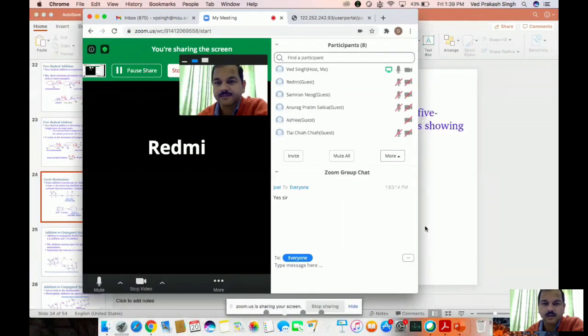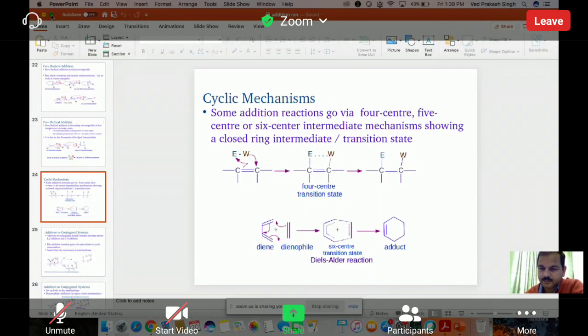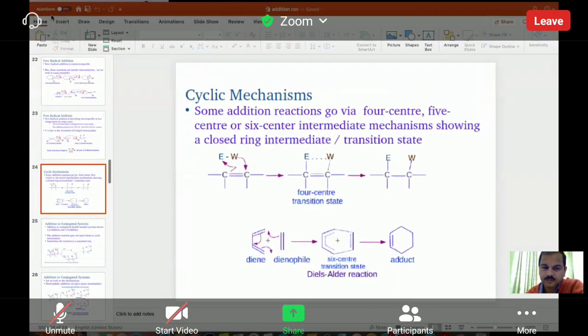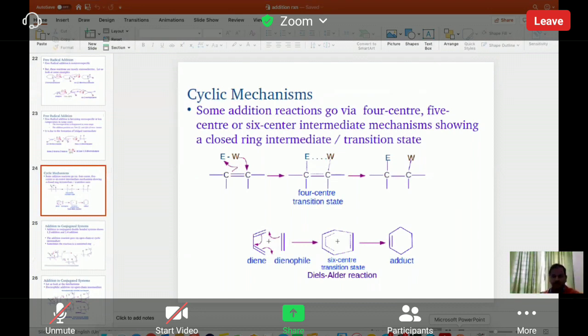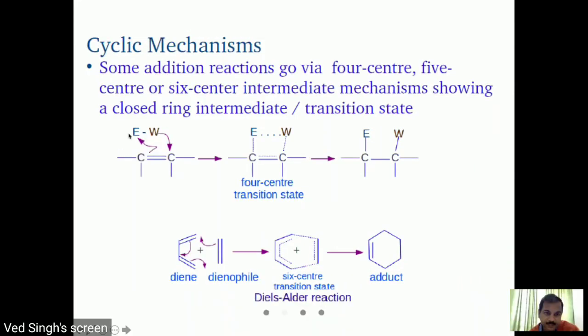So, cyclic transition state. This is the reactant alkene, and this is the source of electrophile and nucleophile. So this is one center, this is another, this is the nucleophile, this is the electrophile.